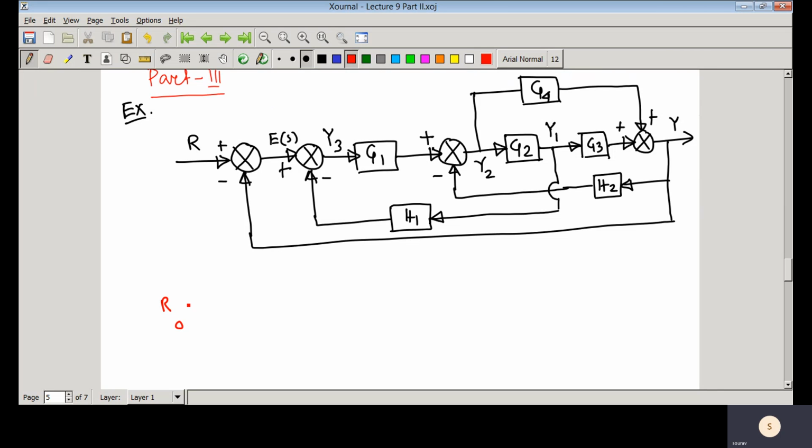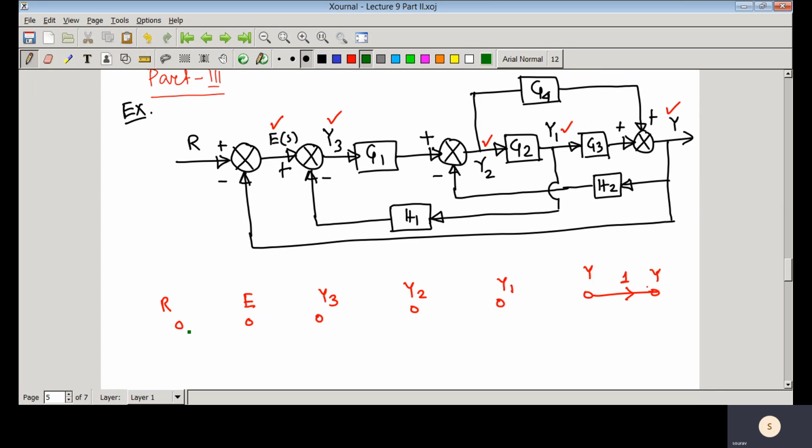Here one variable is R, that is the input, and another variable is E. Now the next variable is Y3, then Y2, then Y1, so there is another node, and then this is Y, and as this is the output node, it is Y with gain 1. Now you can see how the signal flows.